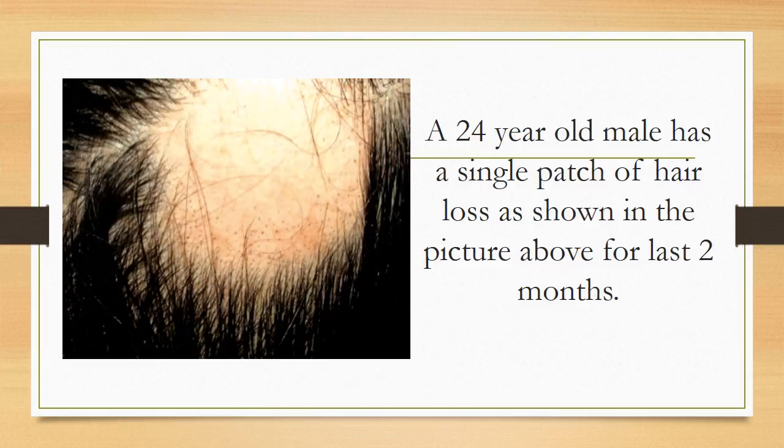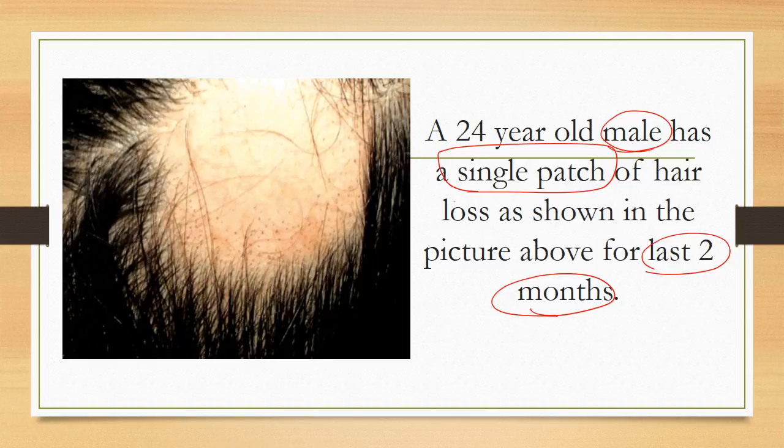Coming to disorders of skin appendages, here we have a case of alopecia. So we'll try to decipher what type of alopecia this is. A 24-year-old male patient with a single patch of hair loss for the last 2 months. Usually when you get a single patch with a subacute history, and in the morphology we can see that there is a clearance of the skin.